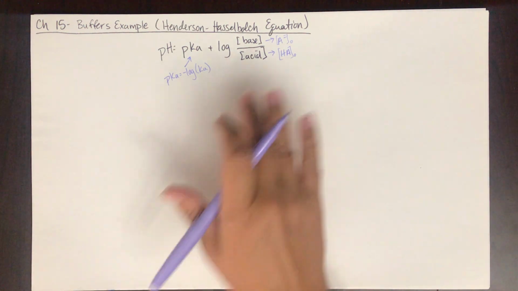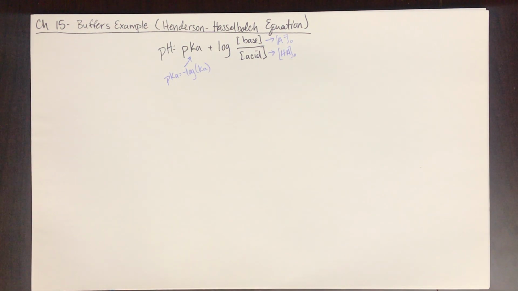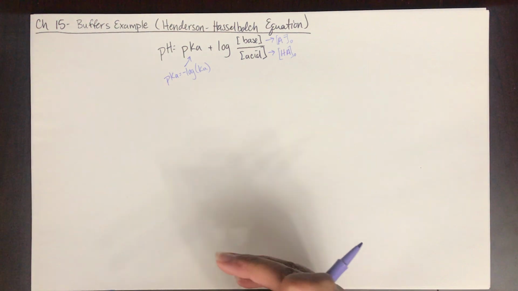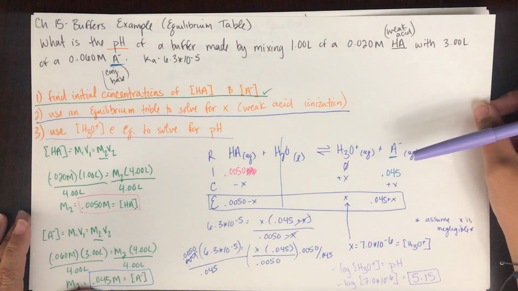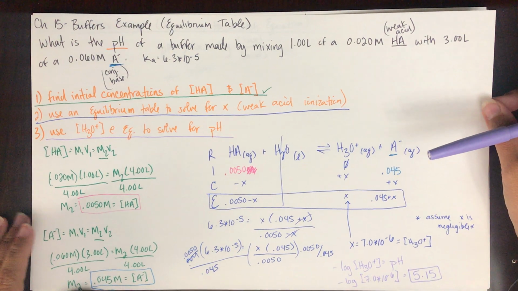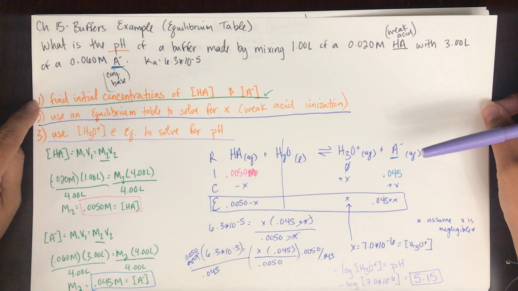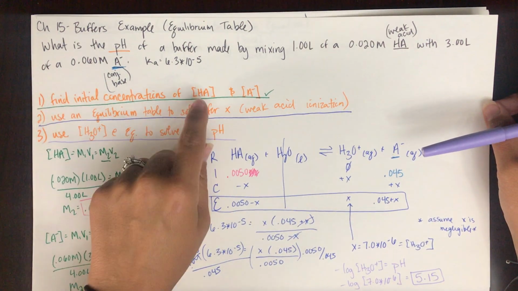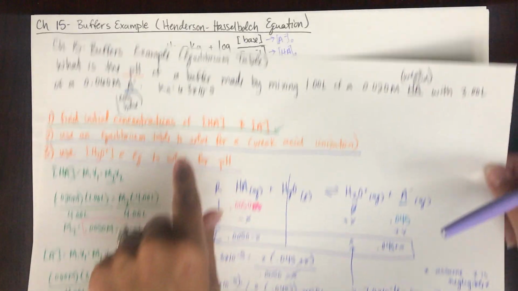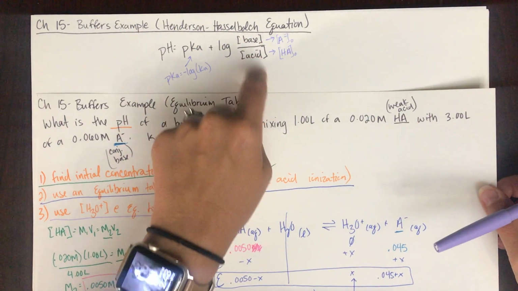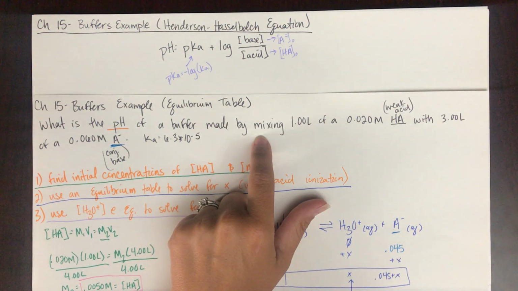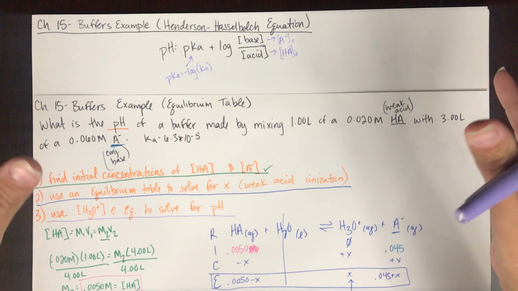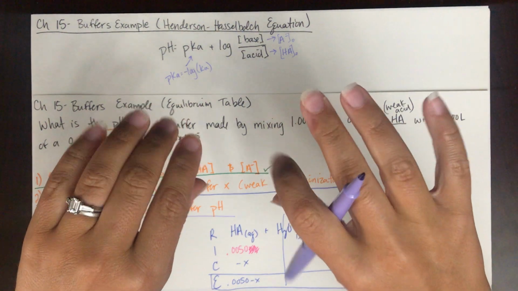So let's use this formula for the example that we just did using an equilibrium table. We would still need to do step one, find the initial concentrations of the weak acid and the conjugate base, because that's what needs to go here. And this problem did not give us the initial concentrations, it gave us the concentrations before they were mixed together.